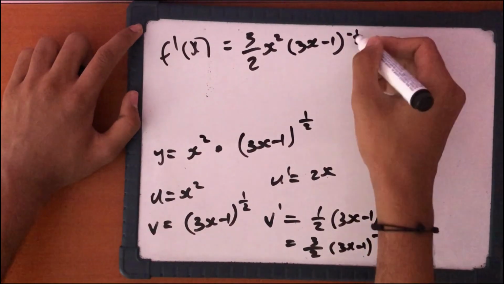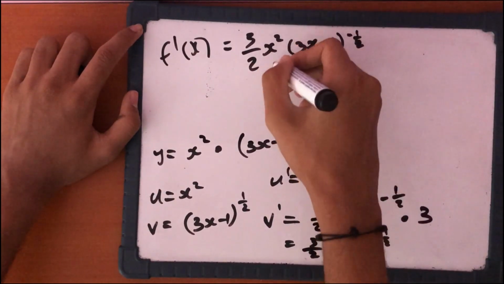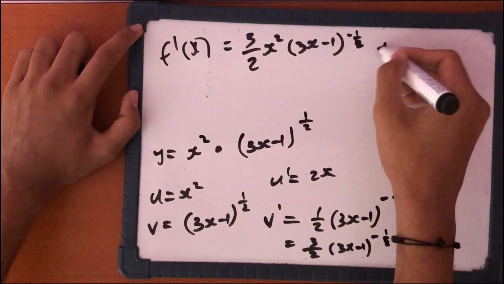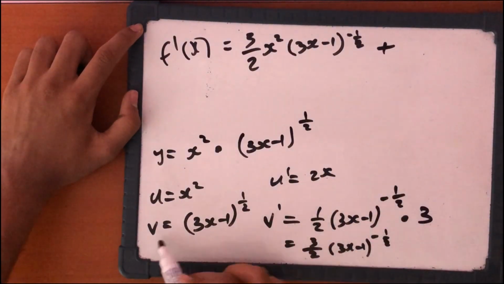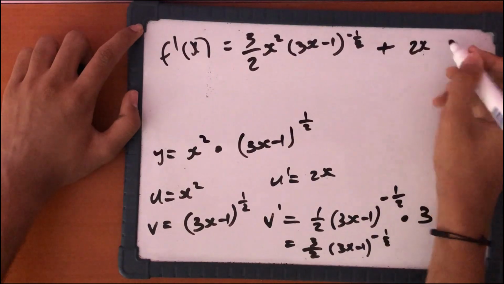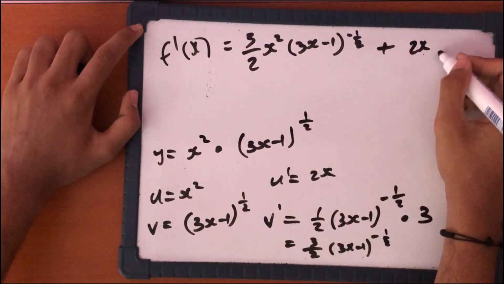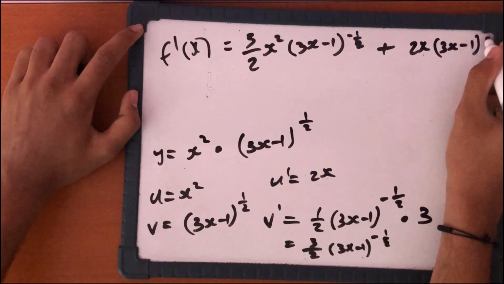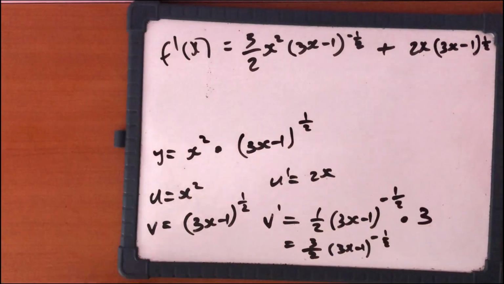You can use the rules of indices to manipulate this, put it down here so it becomes 2 root of this, and then plus 2x into this thing again, (3x minus 1) all raised to a half.